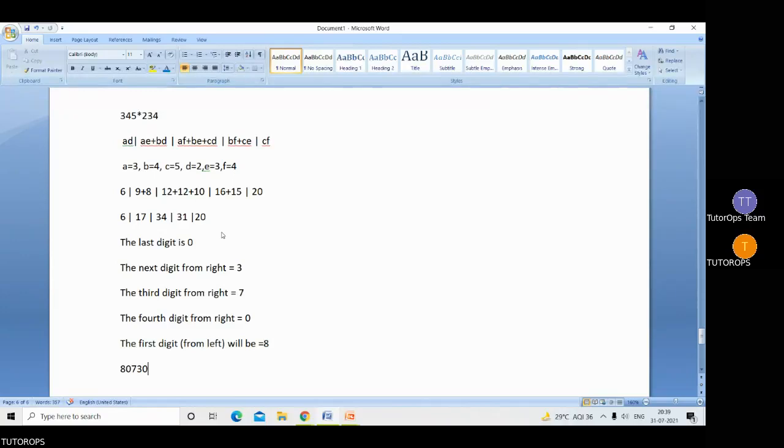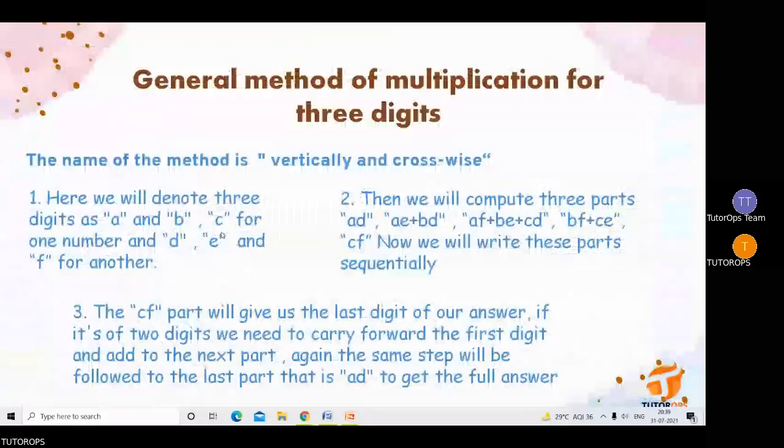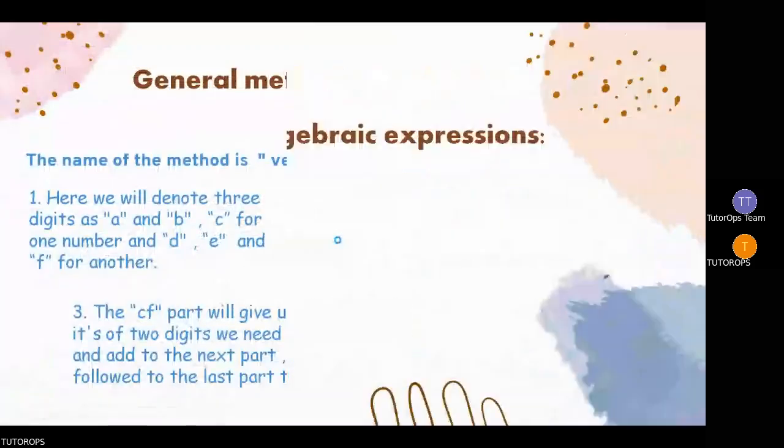If you put A plus BD instead of BF plus C in the fourth part, the result will be the wrong result. So for the correct answer, I need to put in this sequential order. So in this way, we can do many things with Vedic multiplications.